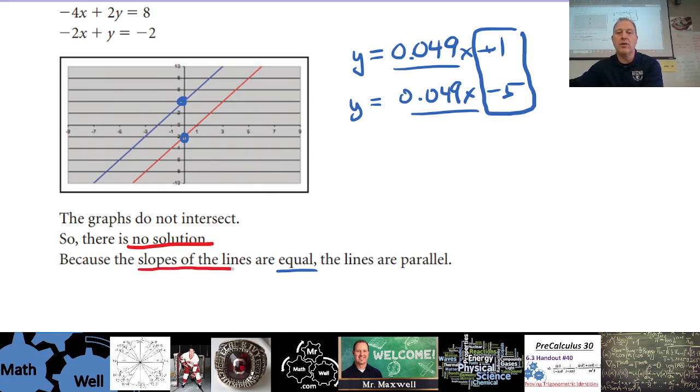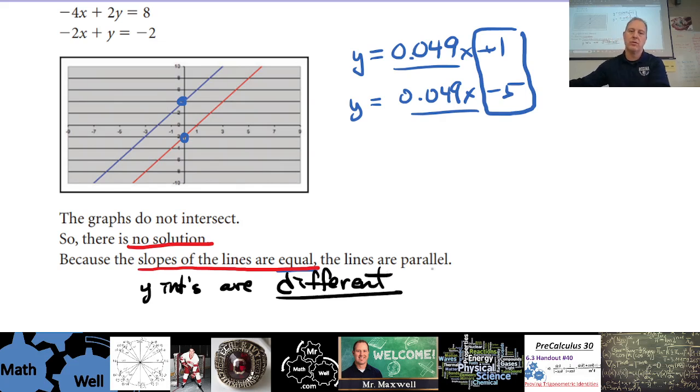Because the slopes of the lines are equal, and the y-intercepts are different. They have to be different for category 2. That is, slopes are the same, so they're parallel, but different y-intercepts because they can't be the same line, because that's category 3. So category 2, lines are parallel, there's no solutions, and you find that out when you notice that the slopes are the same but the y-intercepts are different.